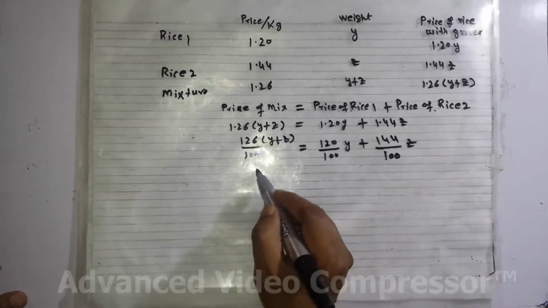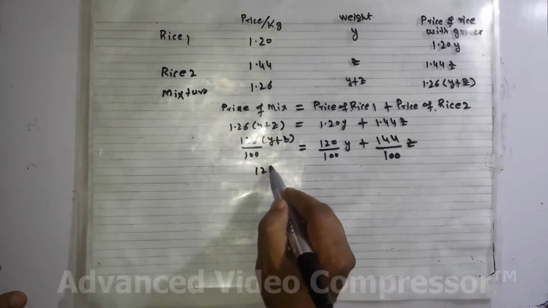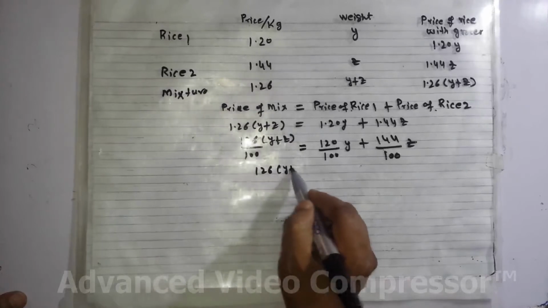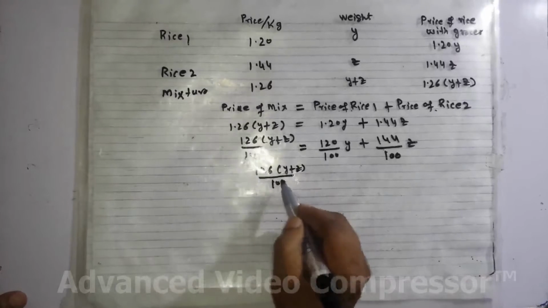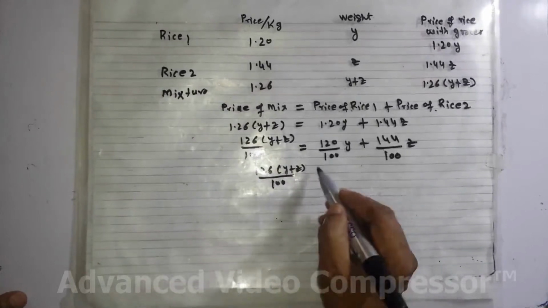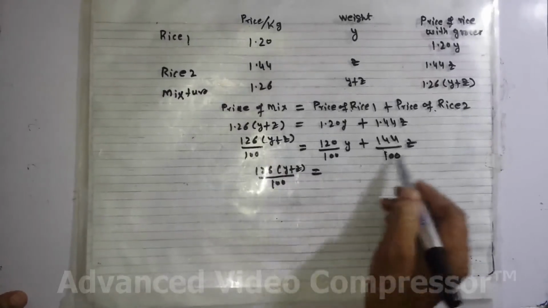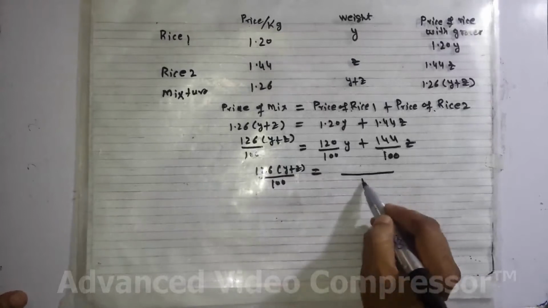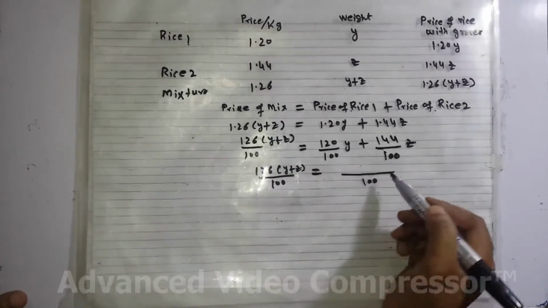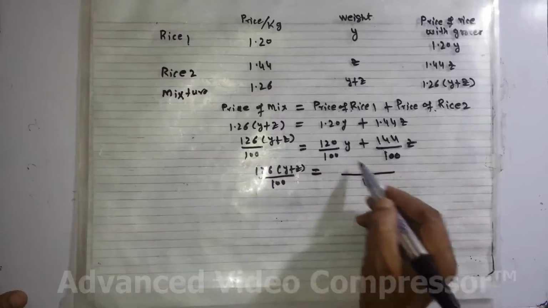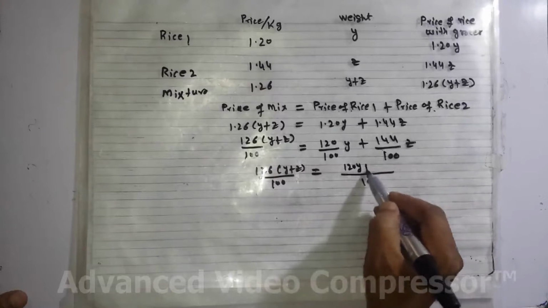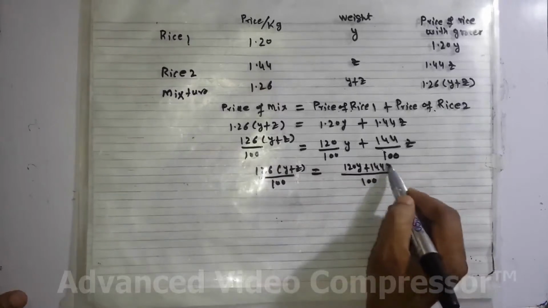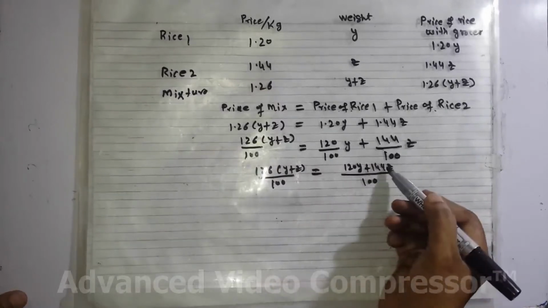Again we can write it like this, 126(y plus z), and we write this 100 below, and then we can take the LCM here. We write 100 only one time, because this is the LCM, and then the upper terms will become 120y plus 144z. How are we doing this?